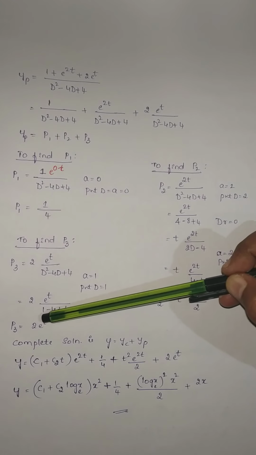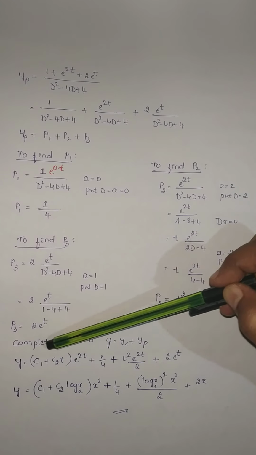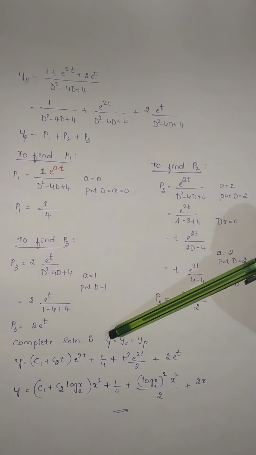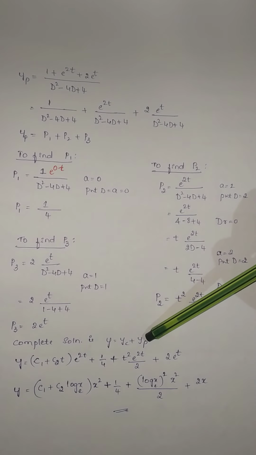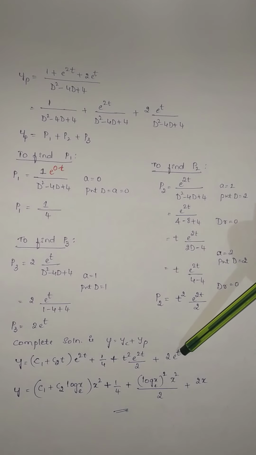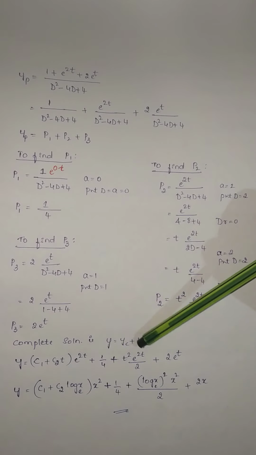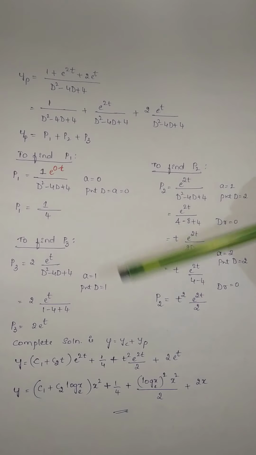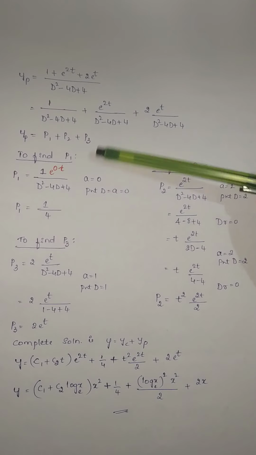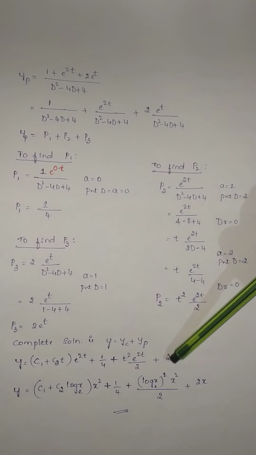Now write the complete solution. y = yc + yp. In the first line you write the answer in terms of t for yc and yp, where yp is P1 + P2 + P3.